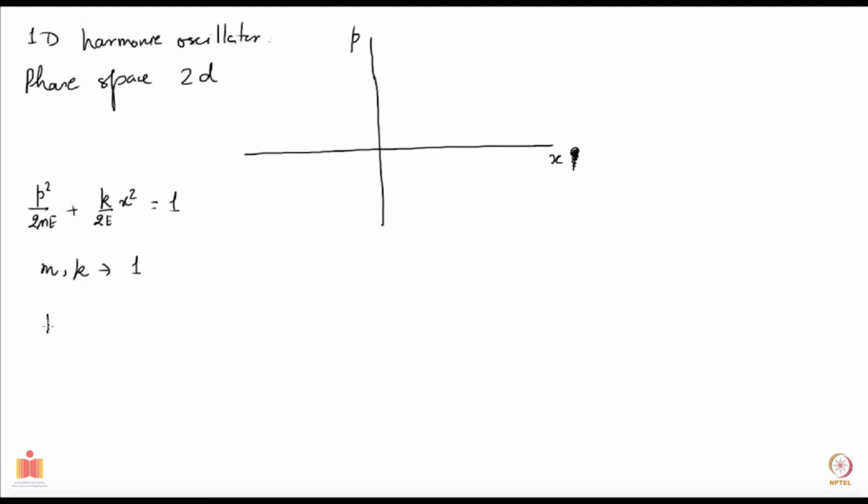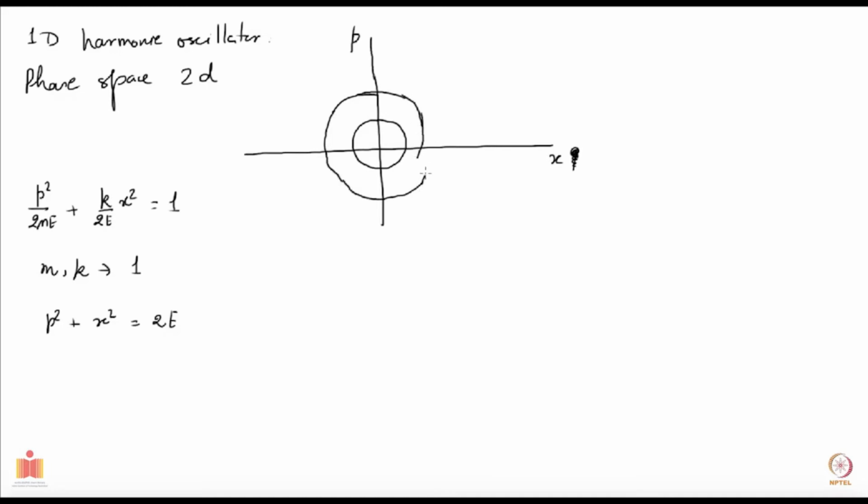So you have p squared plus x squared is equal to 2E, right? So you get concentric circles, and the radius of the circle depends on your total energy of the system.